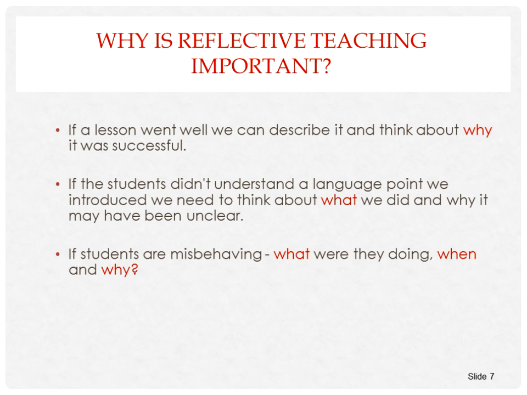If the students couldn't understand a language point we introduced, we need to think about what we did and why it may have been unclear. It involves a bit of thought process sometimes to pinpoint exactly why that connection didn't occur. And the more you learn and observe and understand, the easier that connection will be. If students are misbehaving, what were they doing, when and why?